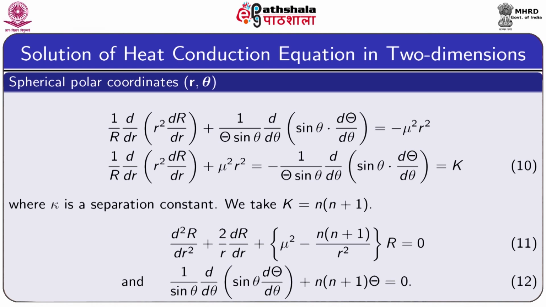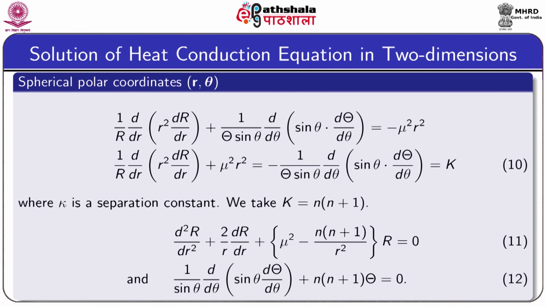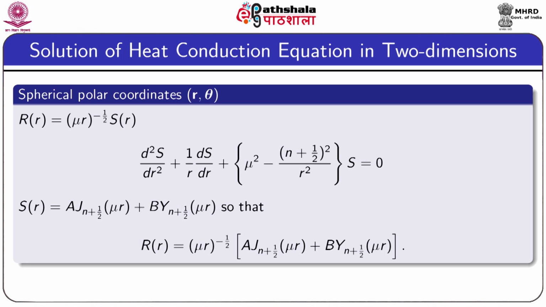In equation number 11, we do the substitution capital R equals (mu r) to the power minus half into S(r). In terms of the variable capital S, the equation becomes d2S/dr square plus 1 by r dS/dr plus (mu square minus (n plus half) whole square by r square) into S. The R equation is not in standard form, so we transform from capital R to capital S to obtain a very well-known equation.